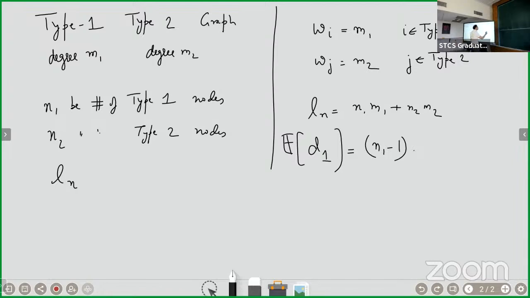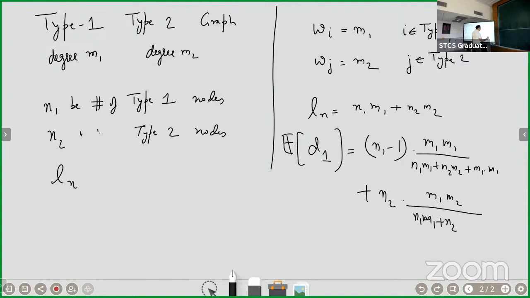M1 square over Ln, plus N2 times M1 M2 over Ln. How much is this summation? What does it roughly look like order wise?